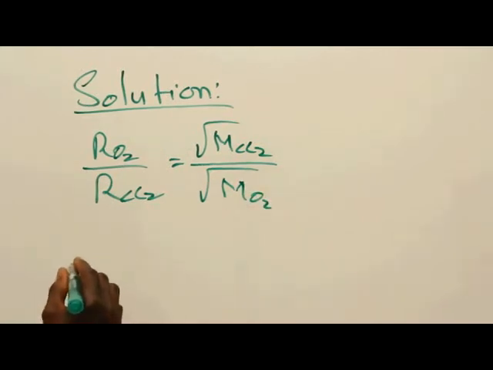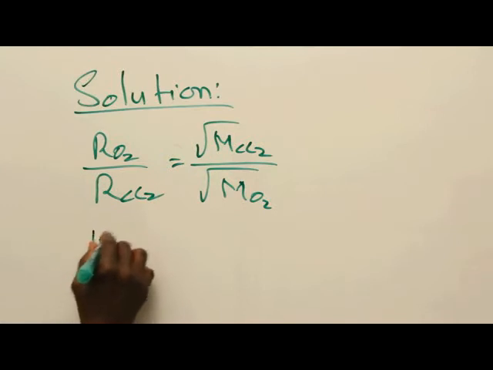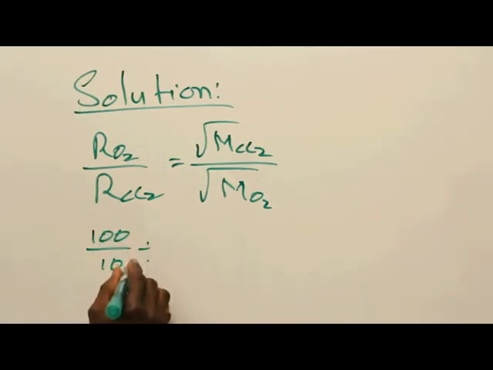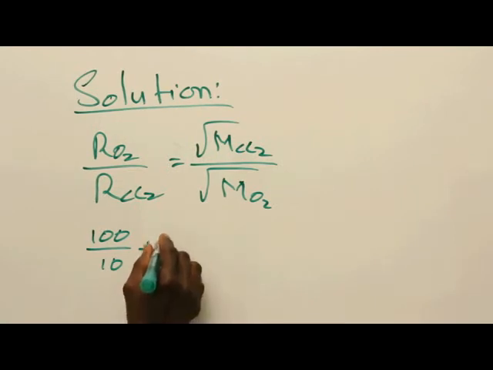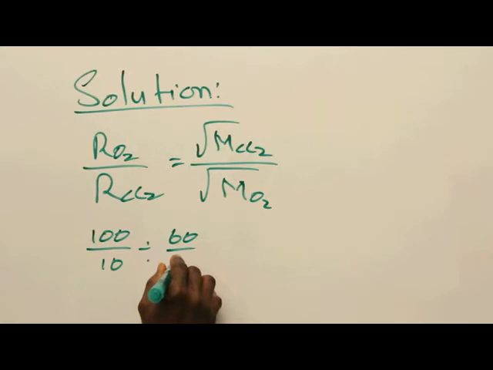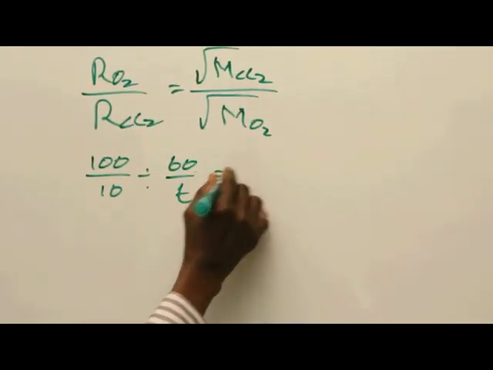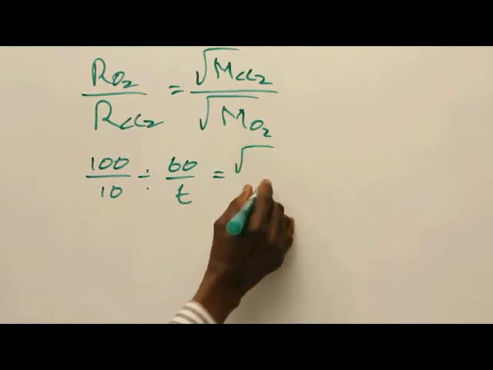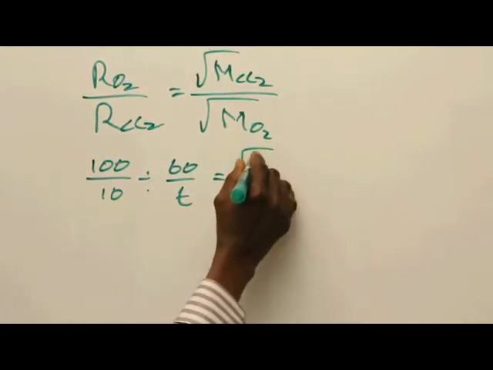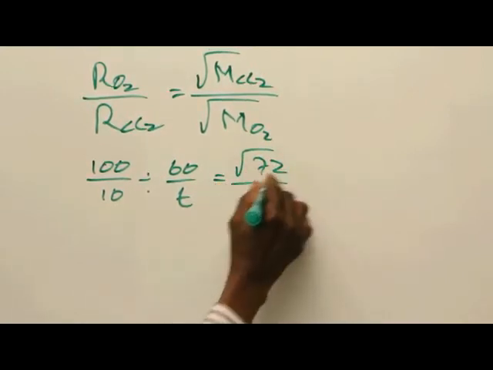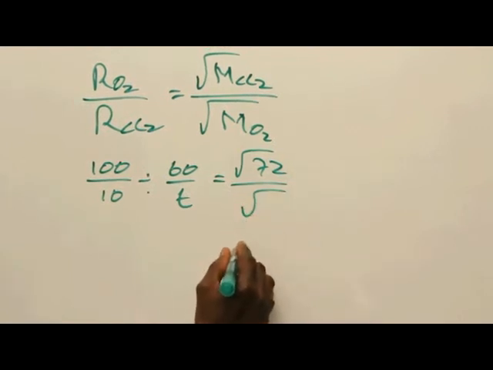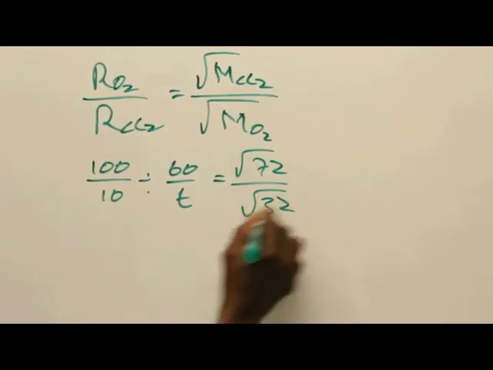Now, the rate of oxygen is 100 divided by 10, and that of chlorine is 60 divided by T, assuming that the time taken for chlorine is T. Now, the square root of the molecular mass of chlorine, which is 72, over the square root of the molecular mass of oxygen, which is 32.